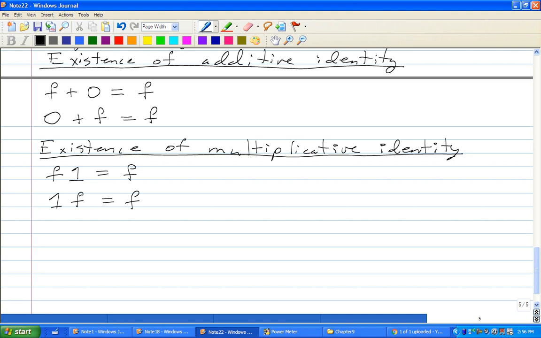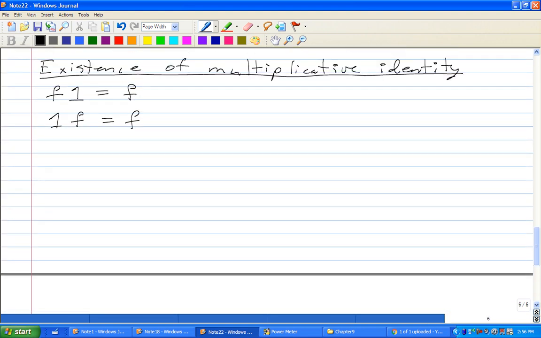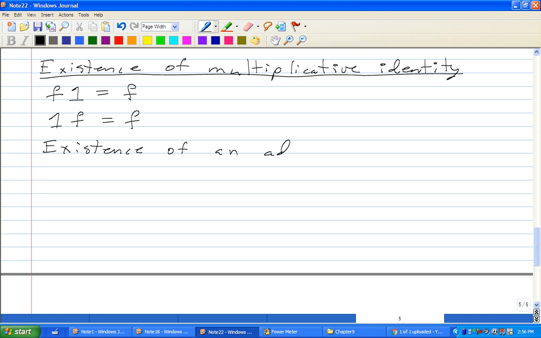We also have the existence of an additive inverse. And so for every function f, there exists an additive inverse denoted by negative f.